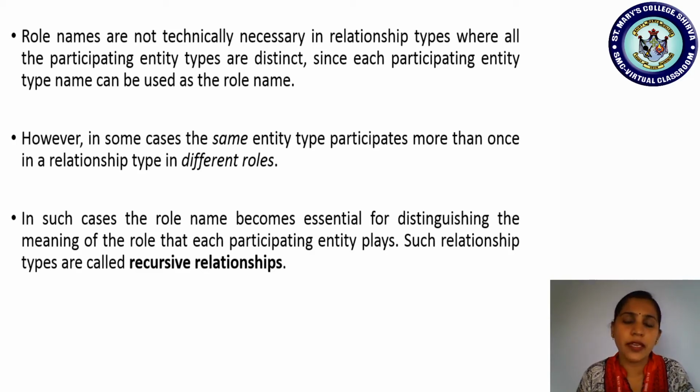What they mean to say here is that specifying the role name is not mandatory. If there are 50 employees and all 50 are working in their respective departments, they are all distinct to each other. No particular employee works for two departments. Are you all understanding? A department can employ n number of employees, but an employee can work in only one single department.